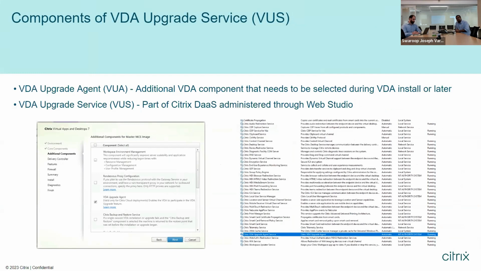And there's a command line equivalent to call out this additional component to be installed if you're using an automated way to deploy the VDA agent to your persistent workload. You can just mention this additional command line switch and it will install the VDA upgrade agent. And on the right side, that's a service that should be running on the VDA, which should be communicating with the Citrix DaaS cloud control plane.